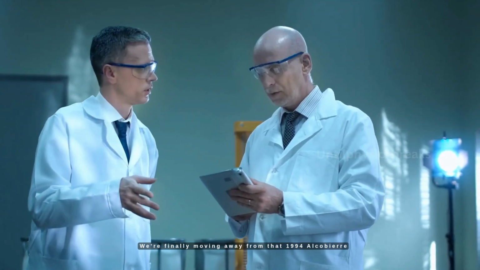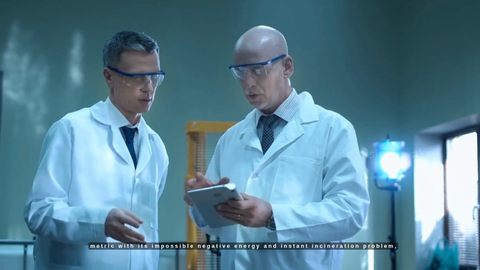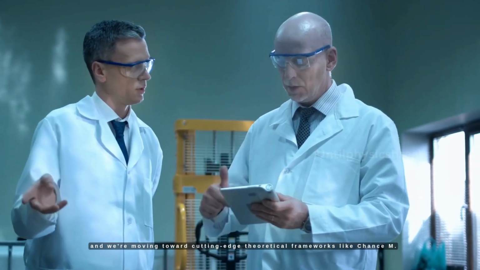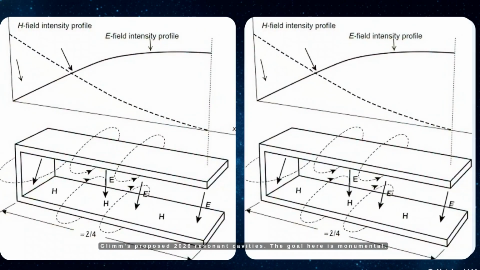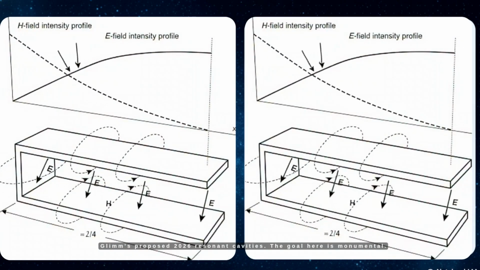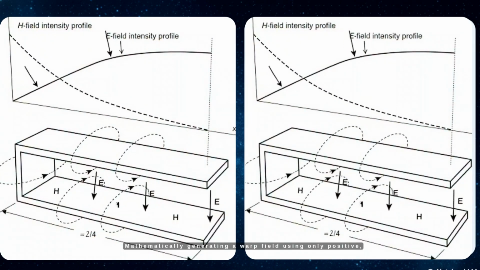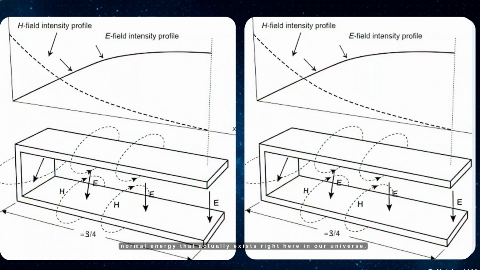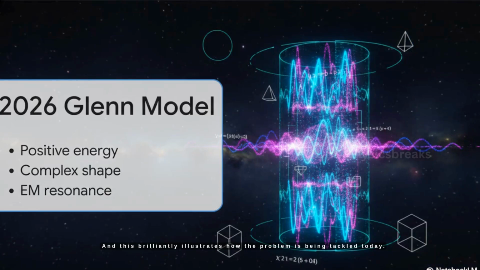We're finally moving away from that 1994 Alcubierre metric with its impossible negative energy and instant incineration problem, and we're moving toward cutting-edge theoretical frameworks like Chance M. Glimm's proposed 2026 resonant cavity model. The goal here is monumental: mathematically generating a warp field using only positive, normal energy that actually exists right here in our universe. And this brilliantly illustrates how the problem is being tackled today.